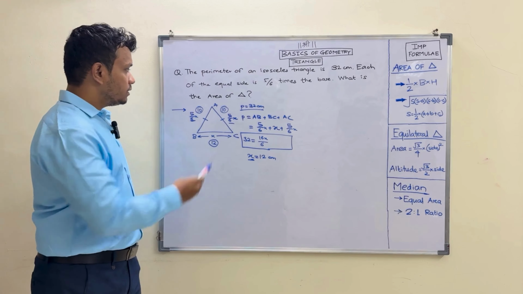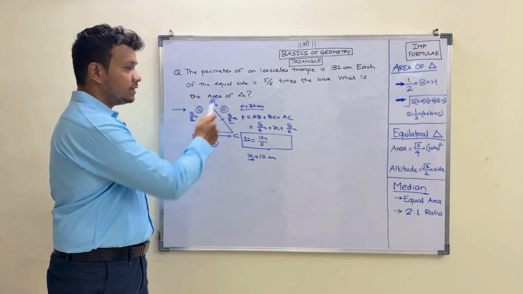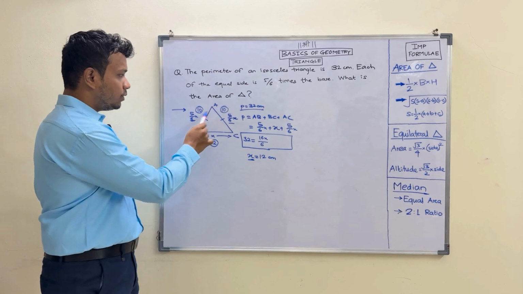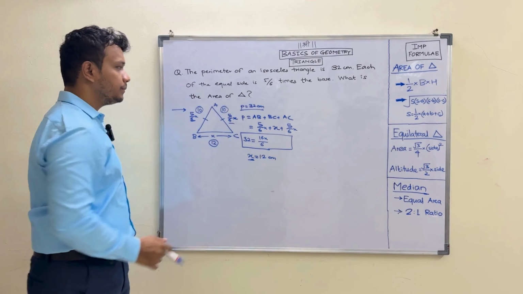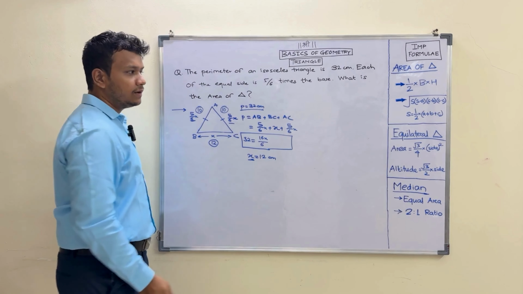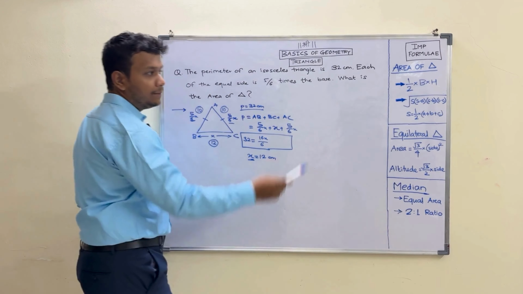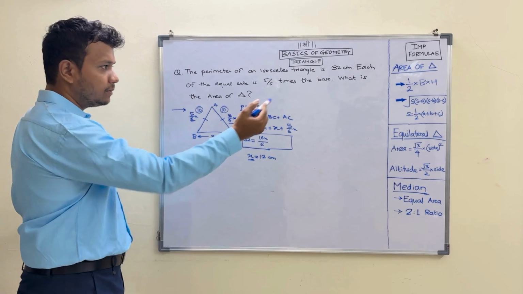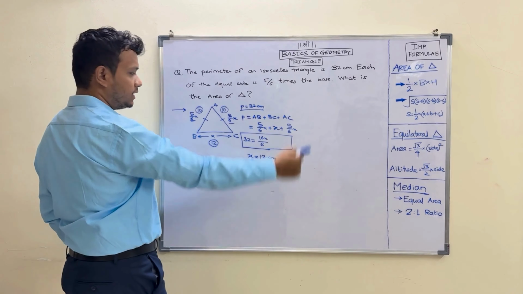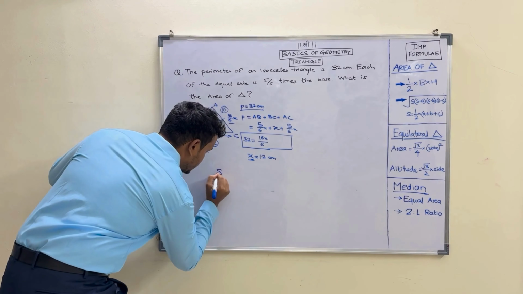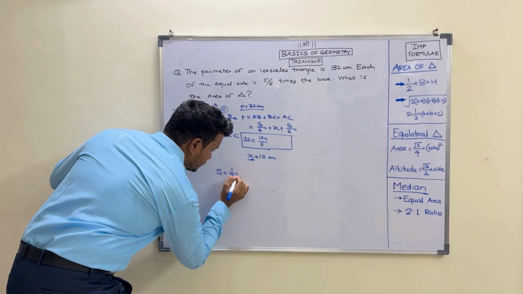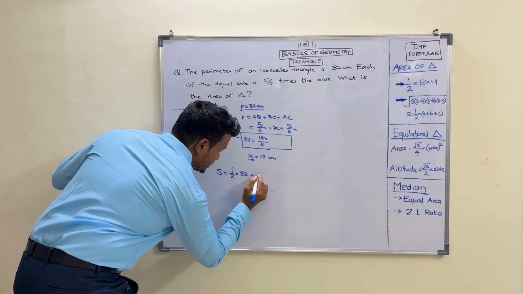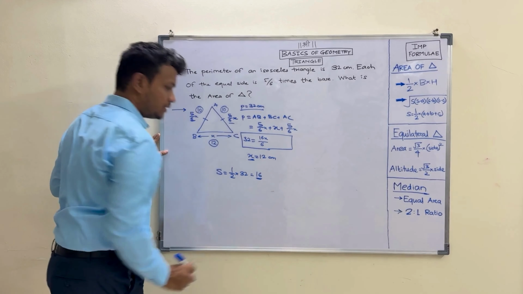So what have they asked in the question? They have asked the area of the triangle. We know all three sides, we know the perimeter. So how can we compute the area of the triangle? By using this equation, by computing s and putting the values in that equation. So s is 1 by 2 into the perimeter, which is 32. So s will be 16, correct?